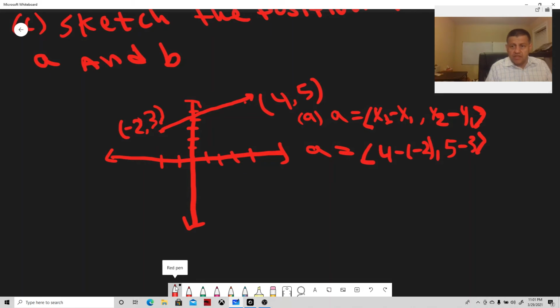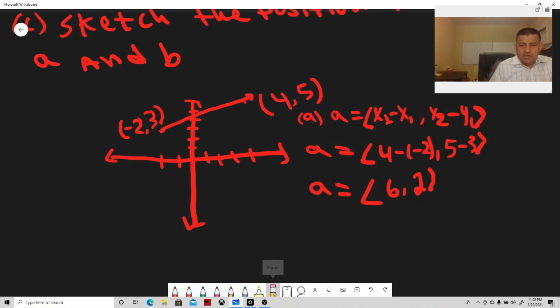Okay? So with that, I get A, which is equal to a vector. That becomes a positive, so that is going to be positive 6, comma 2. Okay, so that is the first one.